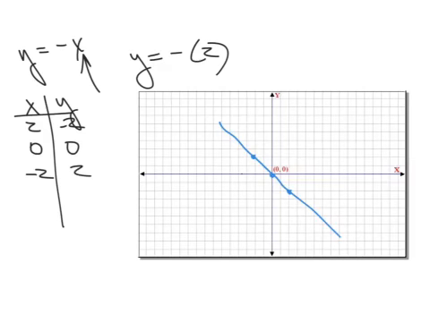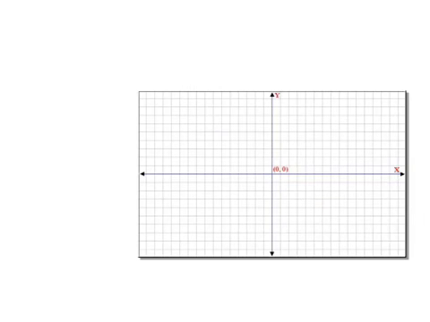Alright, so graphs of vertical and horizontal lines. I'm trying to erase and talk at the same time. So if I'm graphing x equals negative 2, there is no y value there, so really we don't care about y.